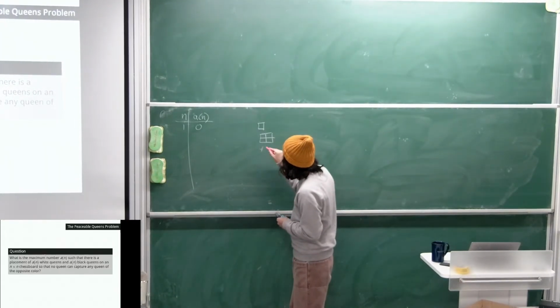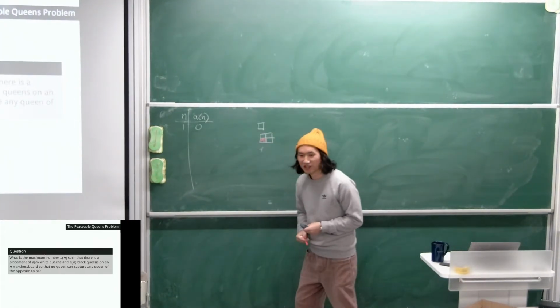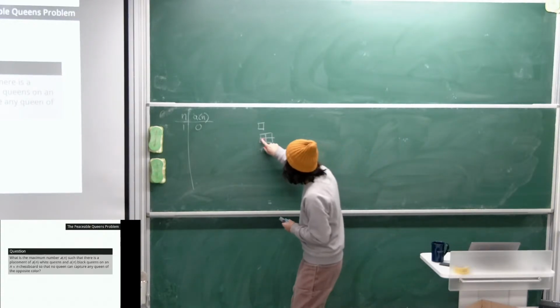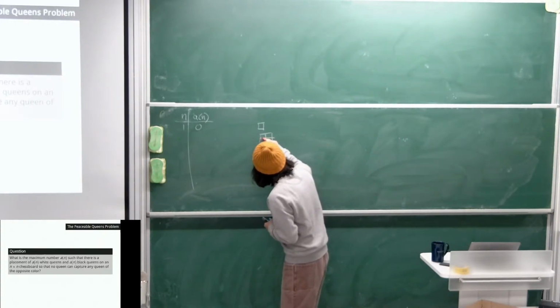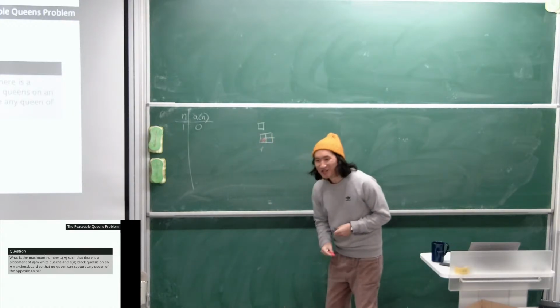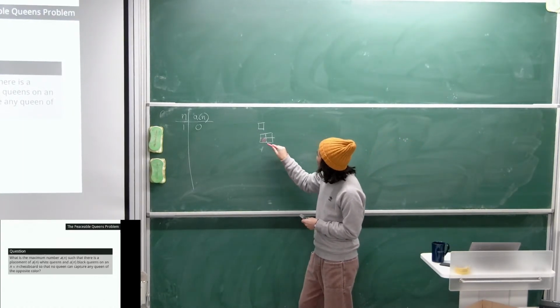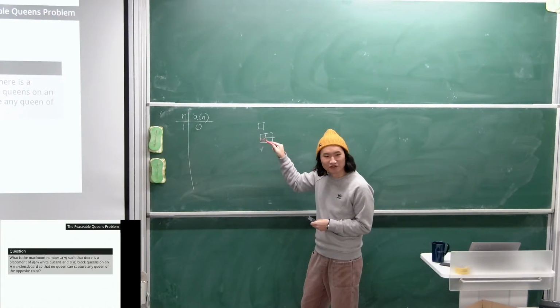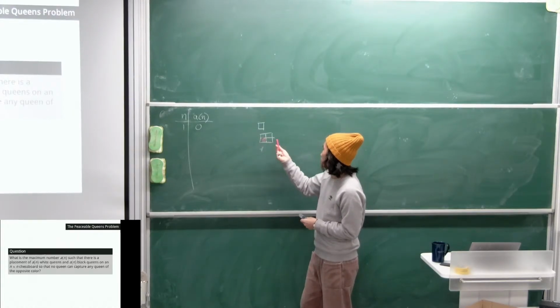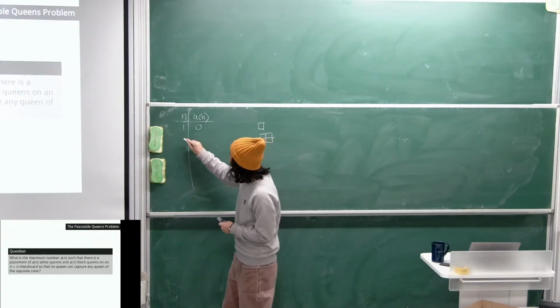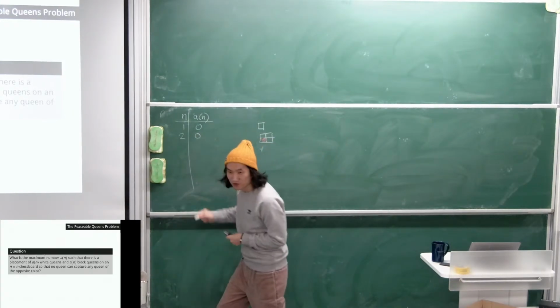Once you place a red queen, it already attacks all of the other squares, so you cannot place a blue queen anymore. So the answer for 2 is also 0.